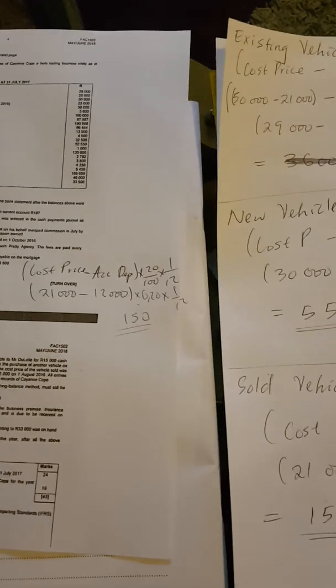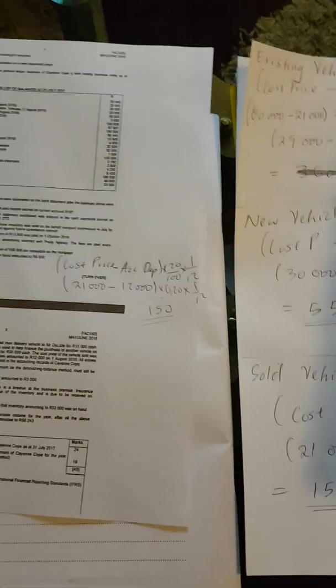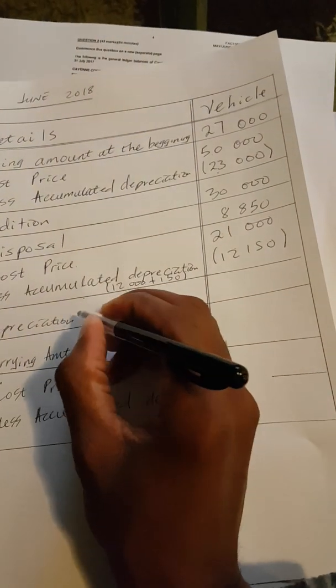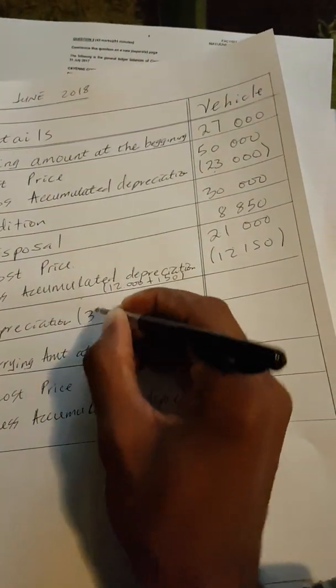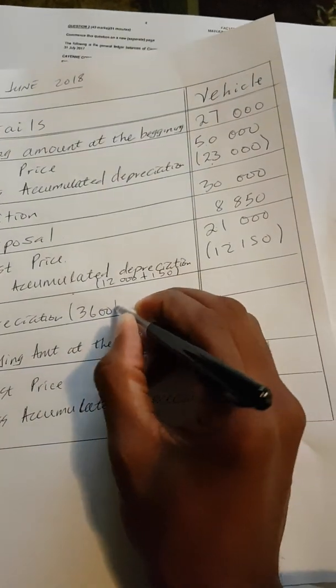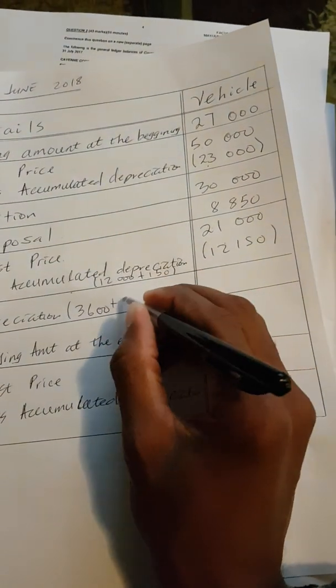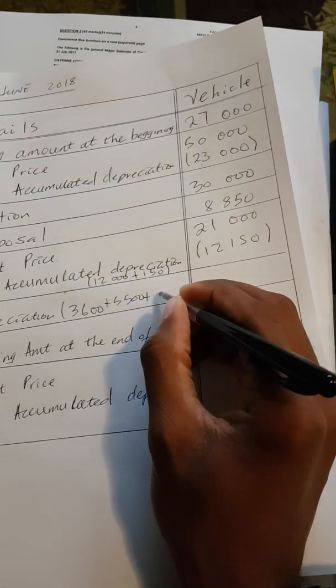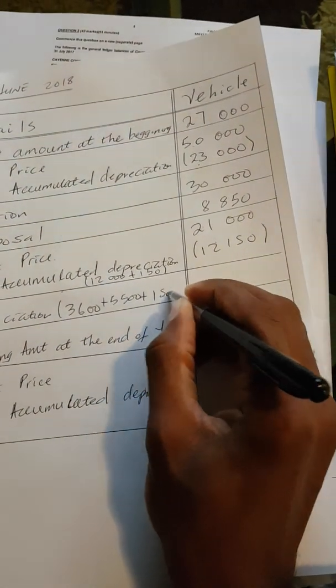So now you add all these depreciations. How many depreciations do you have? You have 3 of them. For the existing vehicle it is 3,600, plus the new vehicle is 5,500, plus the sold vehicle is 150.